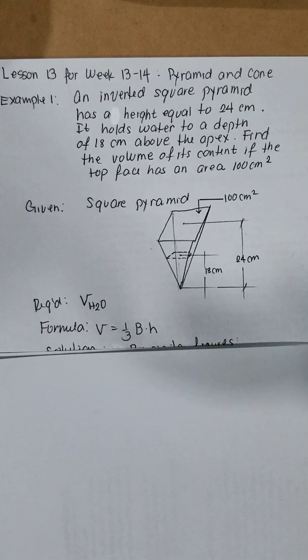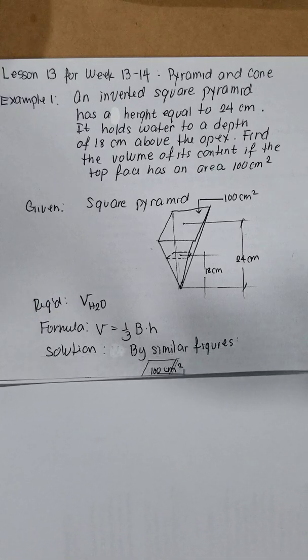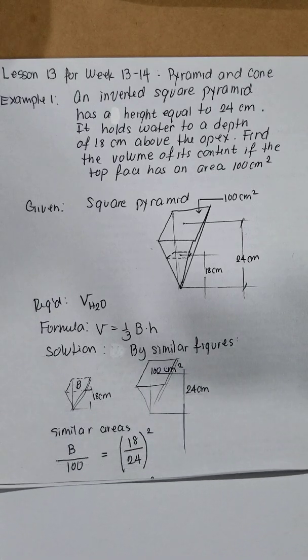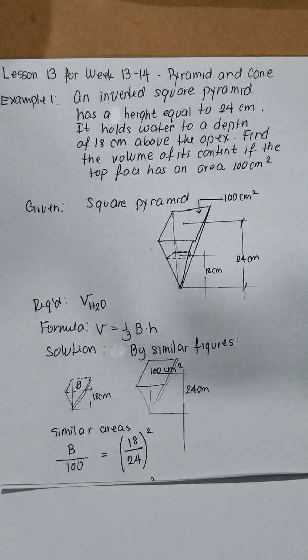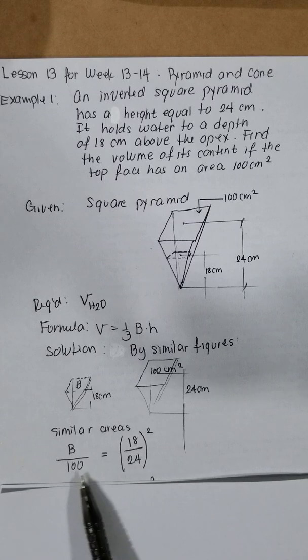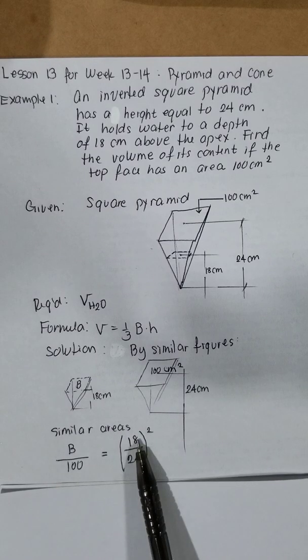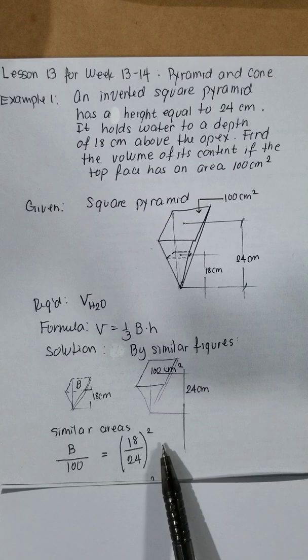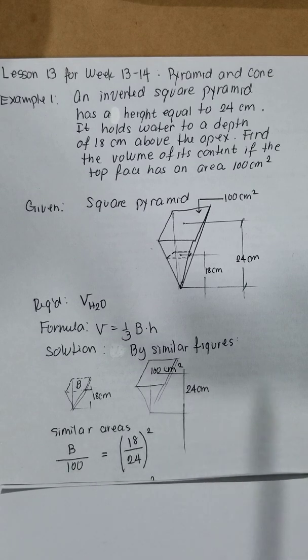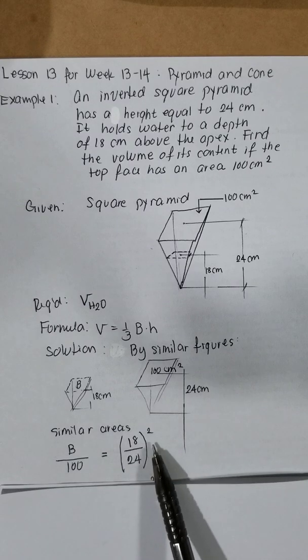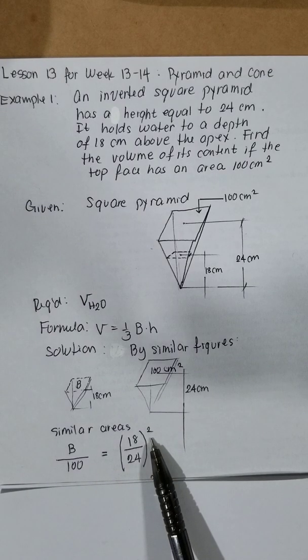By similar figures, we can compute the area of the smaller base, or the water, thus giving us base is to 100 is equivalent to (18 over 24) squared. Since the proportion is an area, then we square the heights.